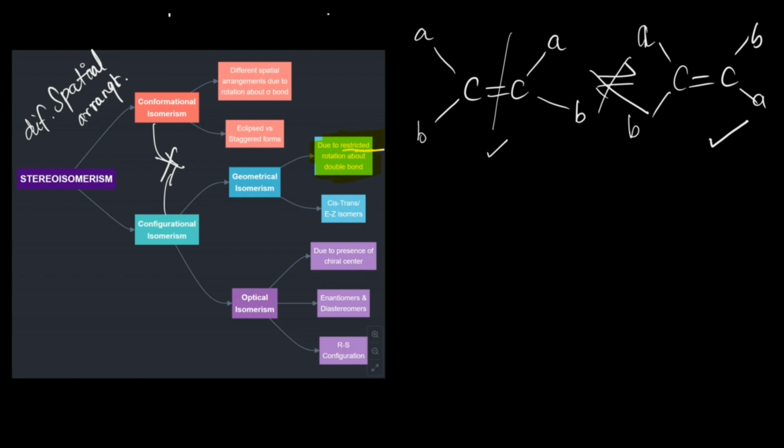Right? So what would be the name of these? Let's name this depending on the attachments. So here we have two types of configurations. The first one is cis-trans isomerism. This is if the two similar groups are on the same side of restricted rotation, then the configuration is cis.